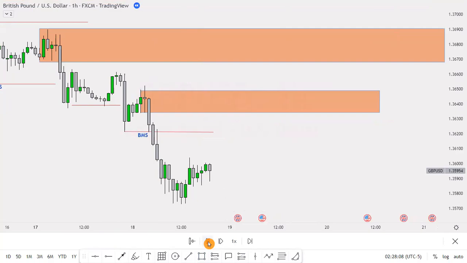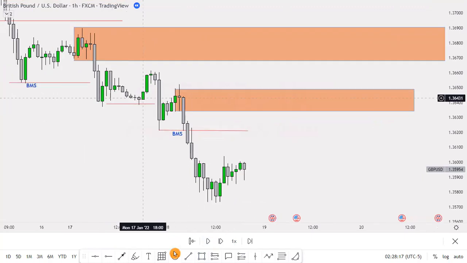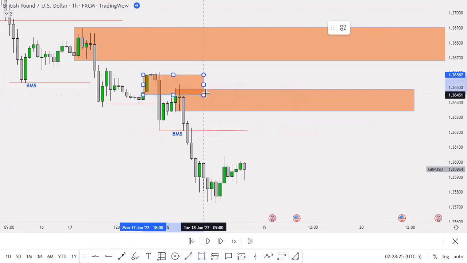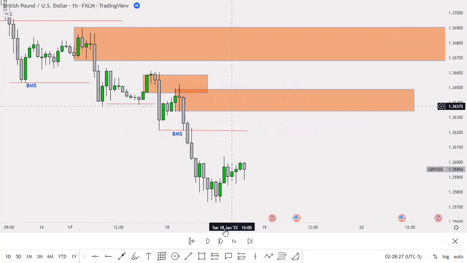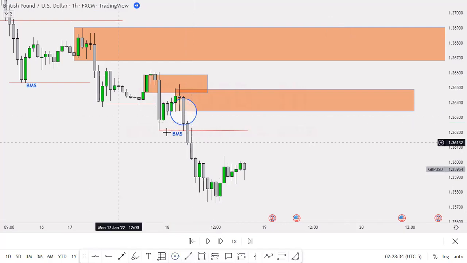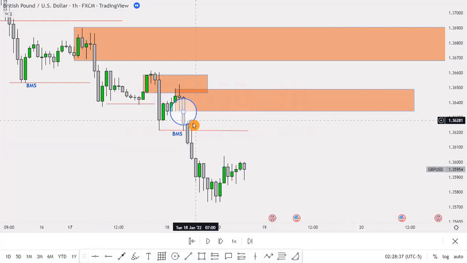We didn't enter from the previous order block, I mean the current order block, because the price was already down. We had this movement here. So it is dangerous to enter here. It has already left you.